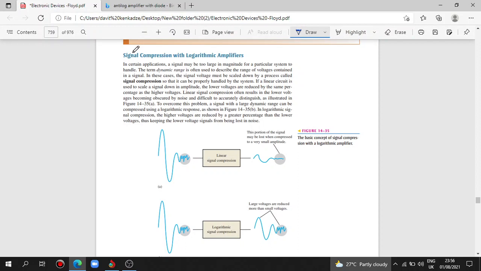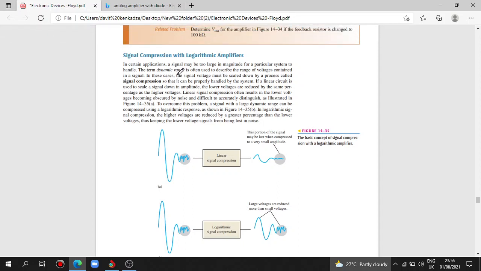This is a very important and interesting thing: signal compression with logarithmic amplifiers. In certain applications, a signal may be too large in magnitude for a particular system to handle. The term dynamic range is often used to describe the range of voltages contained in a signal. In these cases, the signal voltage must be scaled down by a process called signal compression so that it can be properly handled by the system.